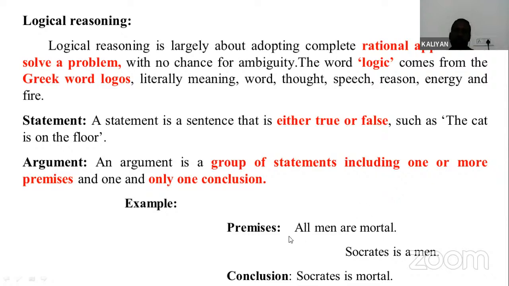For example, the premises are: all men are mortal, and Socrates is a man; and the conclusion is Socrates is mortal. So the first two statements are the premises of the argument, and the third part is the conclusion which the author wants to prove. These are the differences between statement and argument.